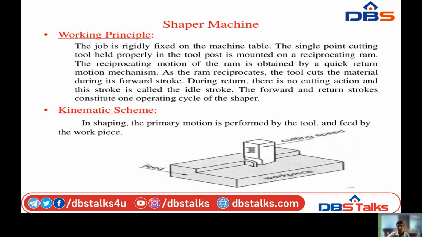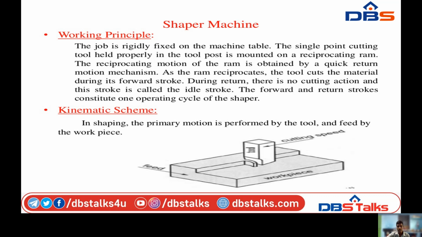Then the single point cutting tool is held properly on the tool post, which is mounted on the reciprocating ram. Here, the tool is moving, while the job is rigidly fixed and stationary on the machine table. The tool moves forward and backward, forward and return, using the reciprocating ram.